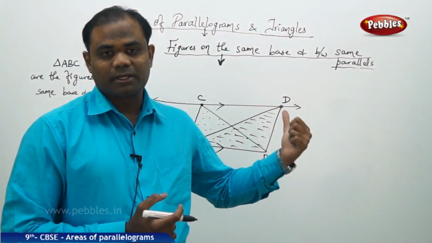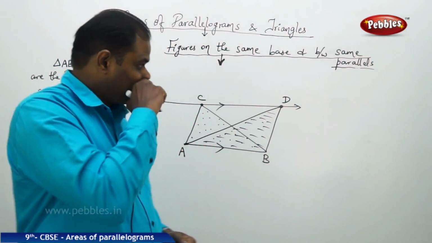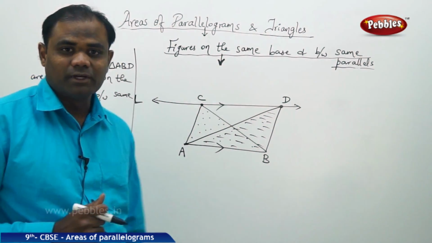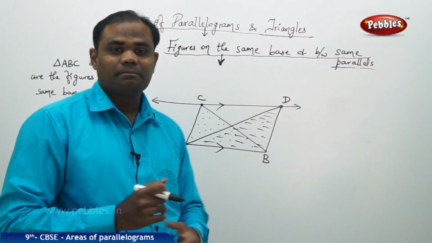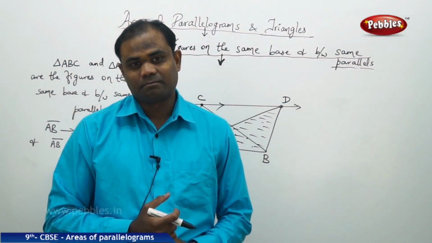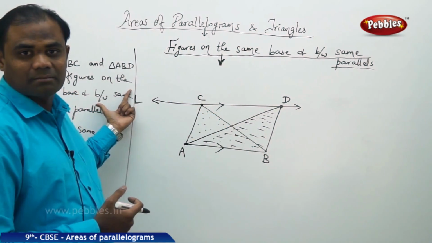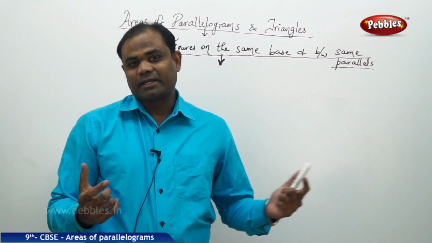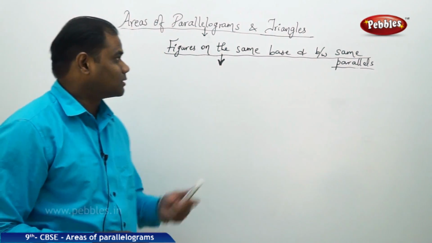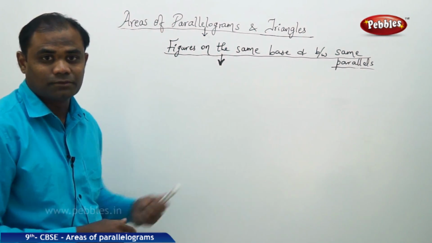This is how we can take many examples in mathematics where we can take two figures between same base and between same parallels. This being one of the examples. Let me take another example to understand the concept better.